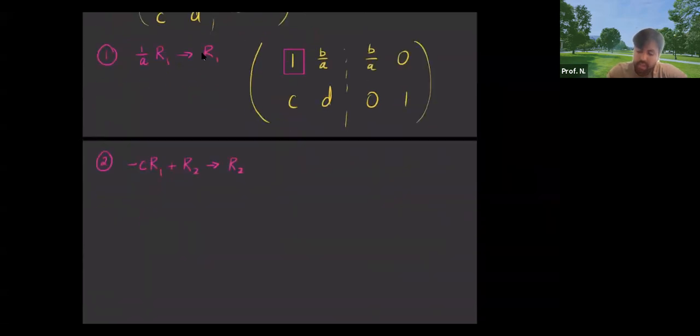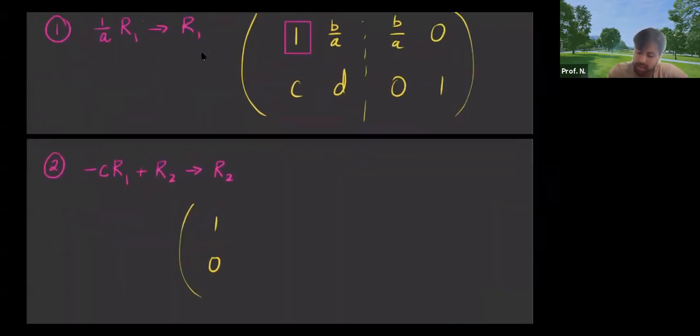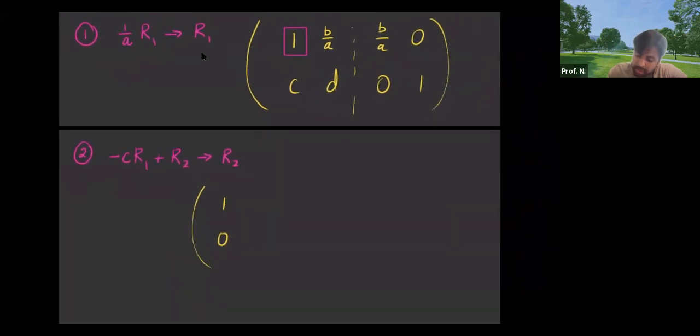When I multiply negative C to B over A, I get negative BC over A, and I'm adding that to D in the entry below. So this becomes D minus BC over A. Does everybody see that?